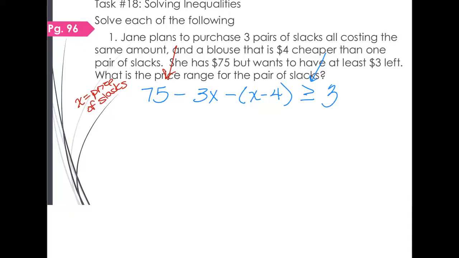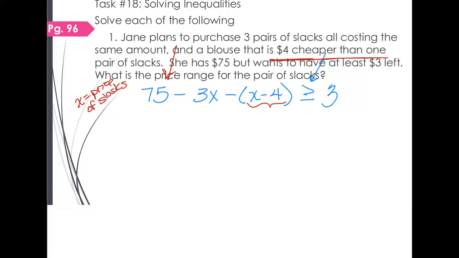So 75 total minus 3x minus a blouse that is $4 cheaper than 1 pair of slacks. So he subtracted this x minus 4 because the blouse is $4 less than the pair of pants. And that is all going to be greater than or equal to 3.